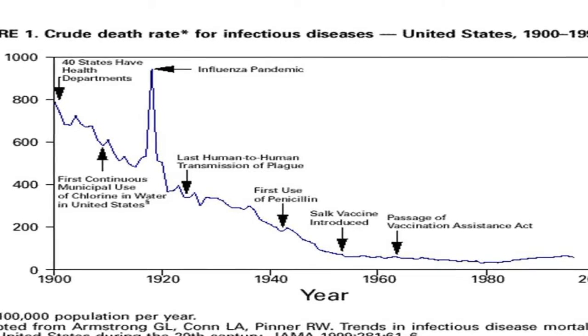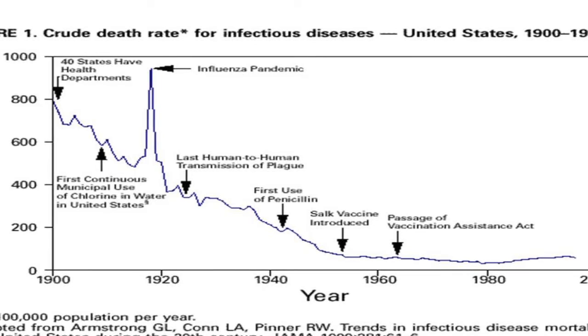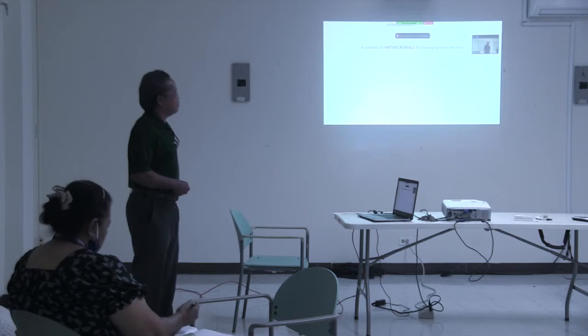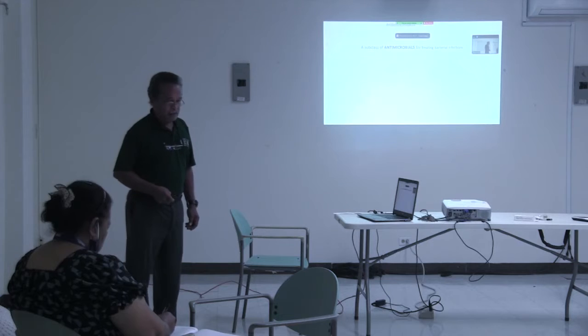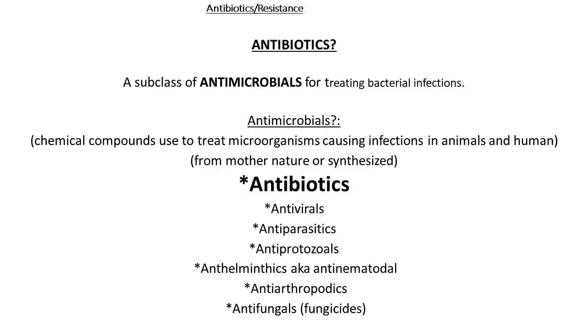Okay, antibiotics are just a subclass of antimicrobials. Microbials are all the microorganisms: germs, fungi, parasites. So that's what antimicrobials are. And there are different classes of antimicrobials.